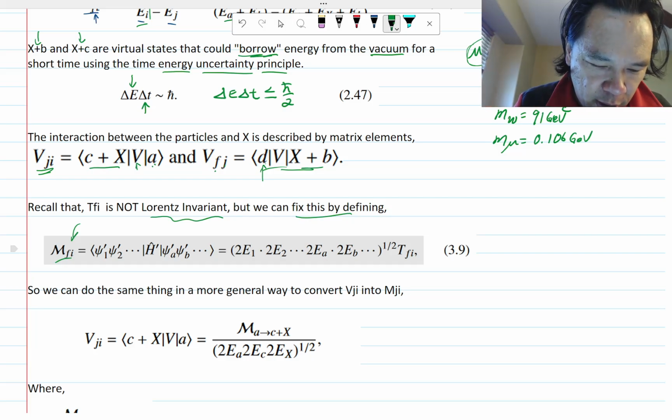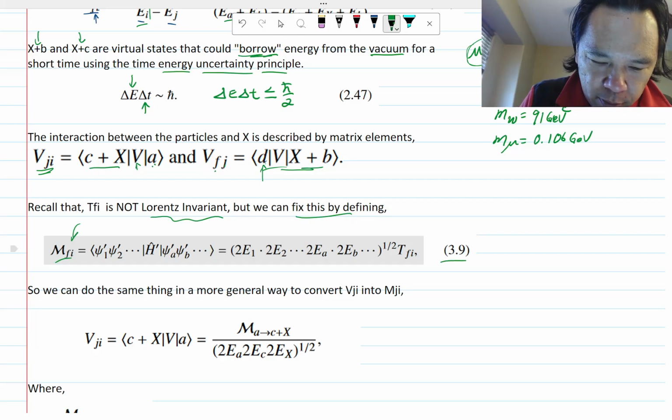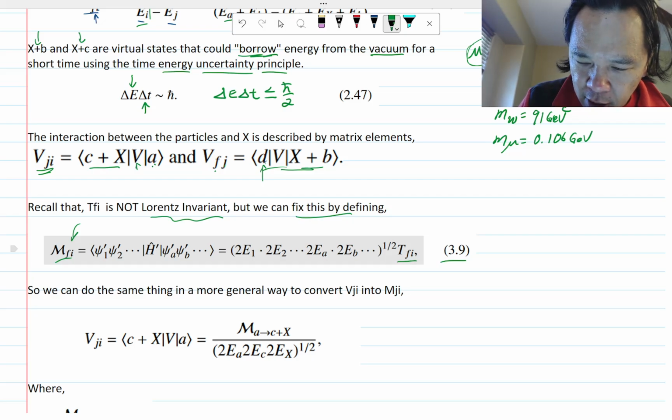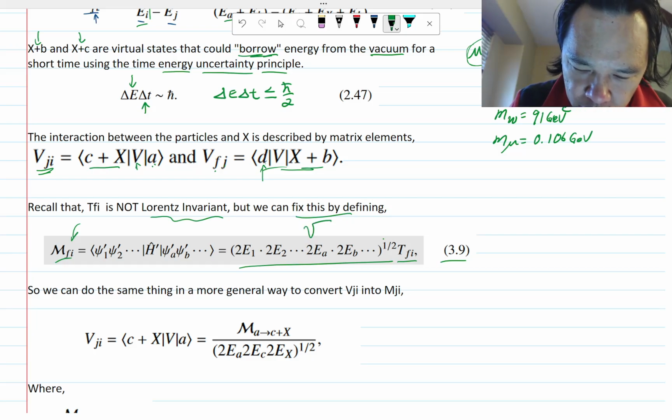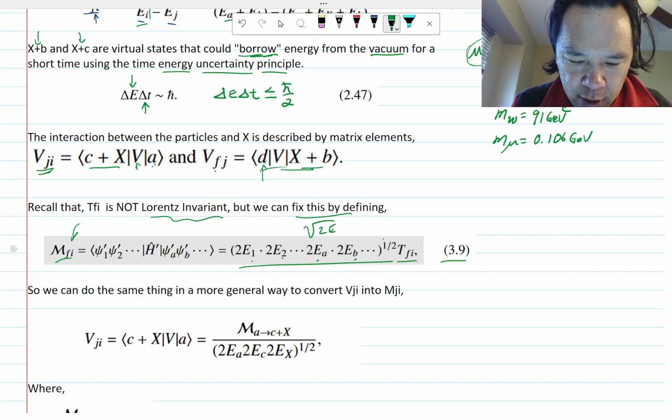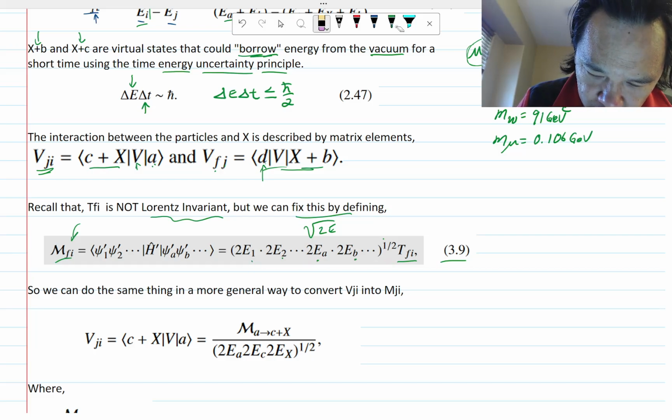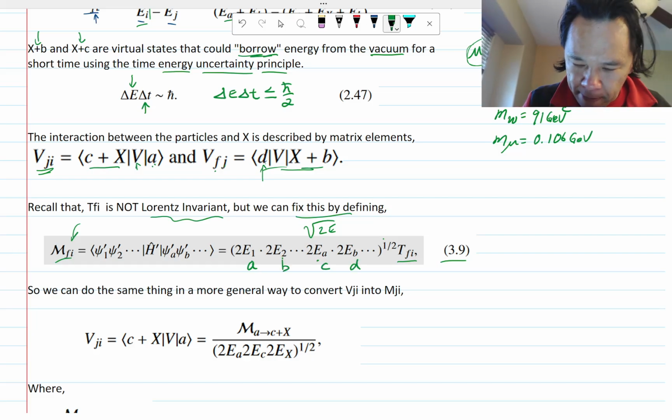I copied this equation out of chapter 3 by just multiplying TFI by the square root of 2 times the energy of all the different particles that are involved in our interaction. In this case, instead of E1, 2, 3, 1, 2, these E's are actually going to be A, B, C, D.